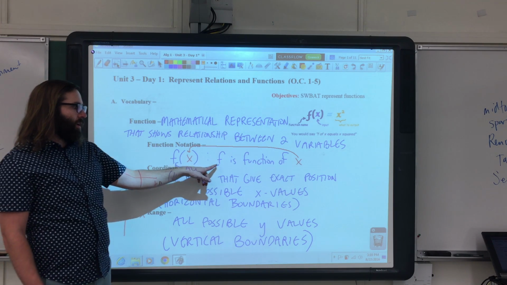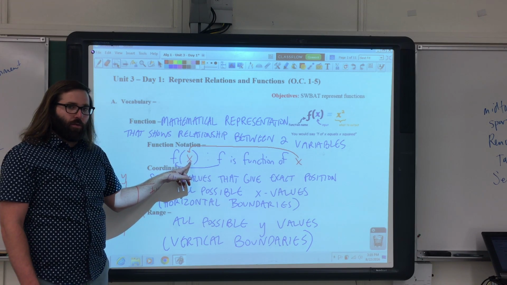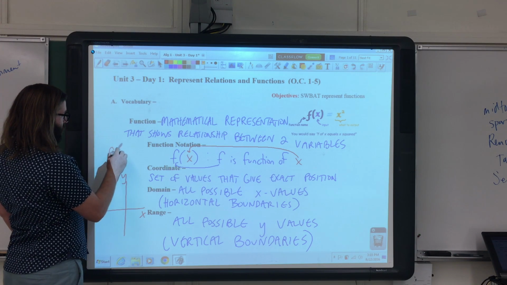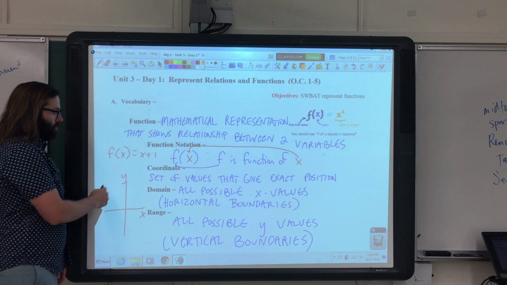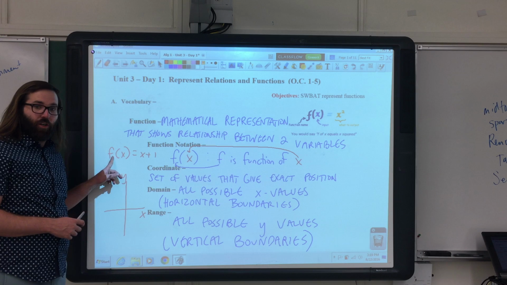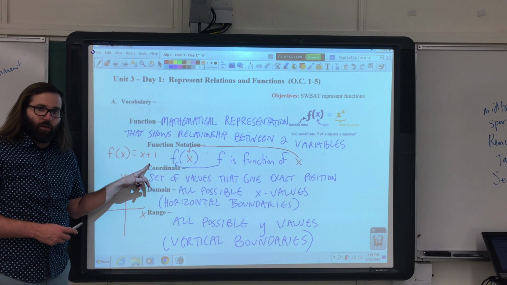And that is read, you say f is a function of x. So as an example, we would have f of x equals x plus 1. Okay? This function is a function of x, and you'll see that x is in our equation.